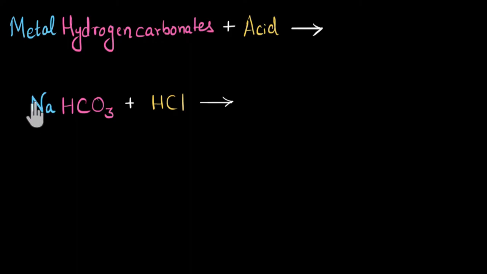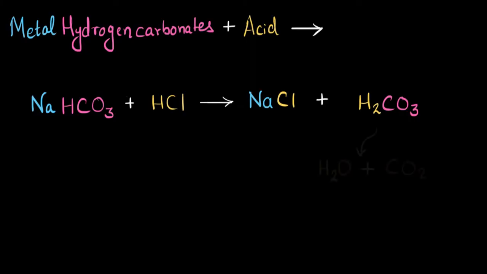Here sodium will displace hydrogen and combine with Cl, forming NaCl. And hydrogen will combine with HCO3 and form H2CO3. And we have seen that H2CO3 is not very stable and it is further going to dissociate into water and carbon dioxide. So the same products are formed over here also.